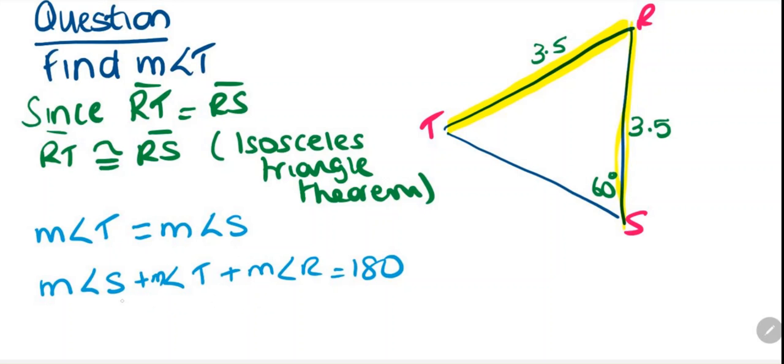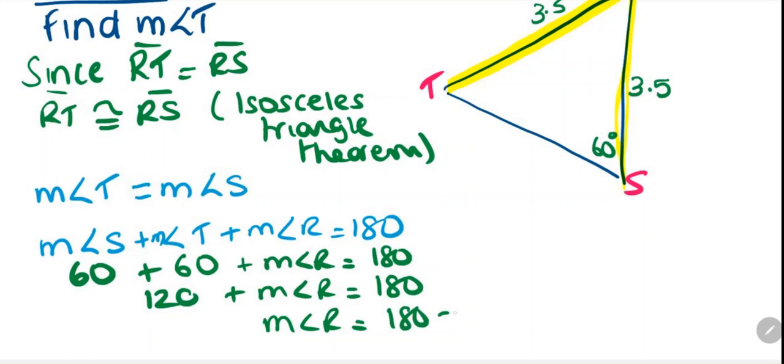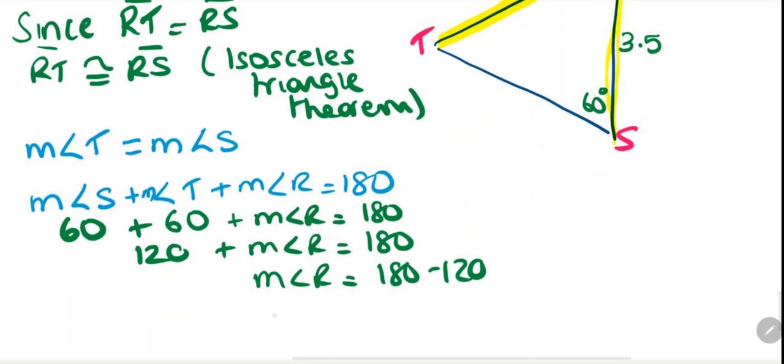So we'll have 60 plus 60 plus measure R is 180. So 120 plus measure R. And measure R is going to be 180 minus 120. So the measure R is 60 degrees.